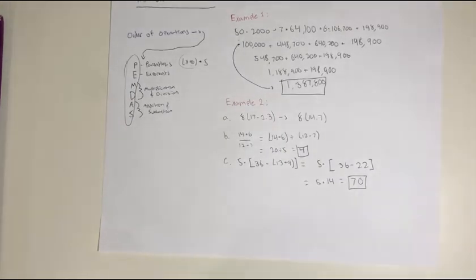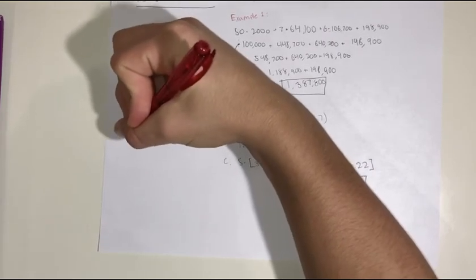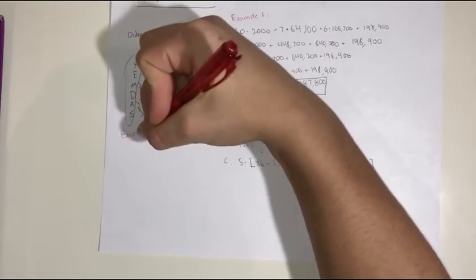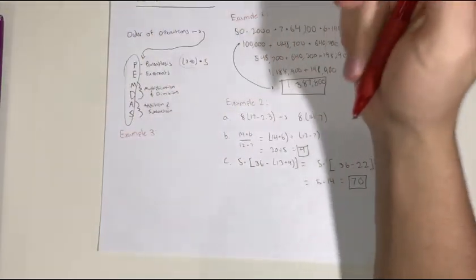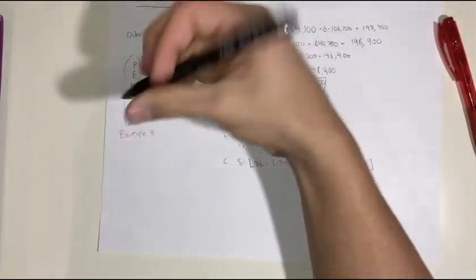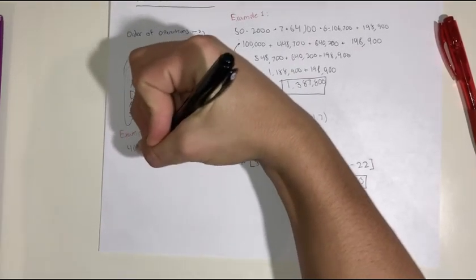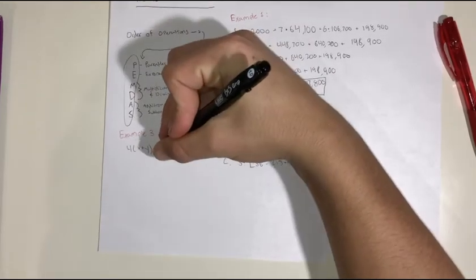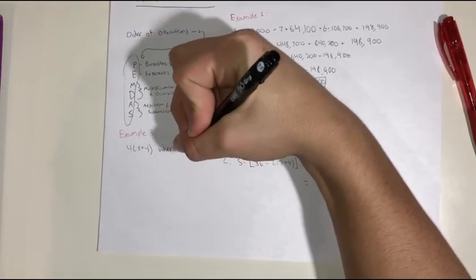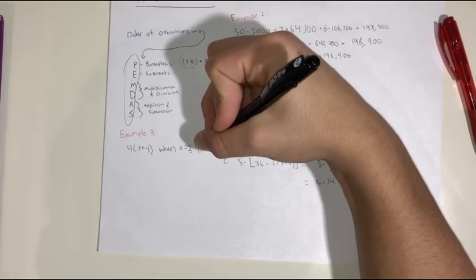Example 3 is just how we could evaluate variable expressions using PEMDAS. So let's say we had 4 times the quantity x plus y, when x equals 2 and y equals 5.